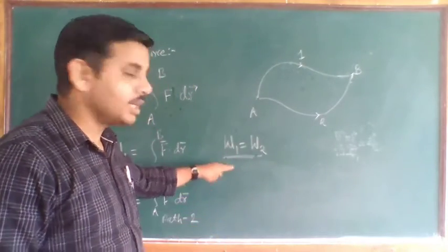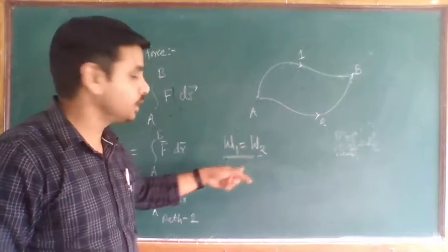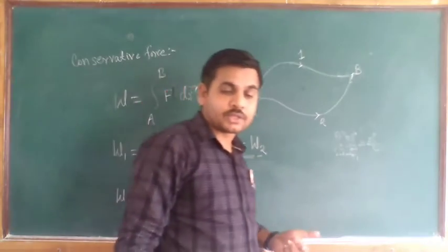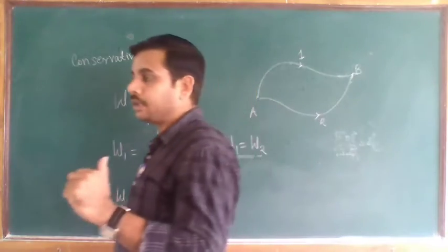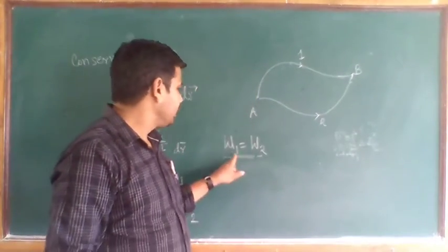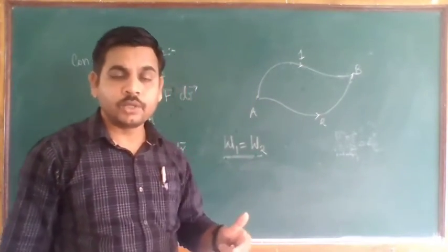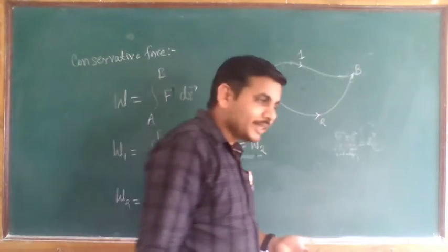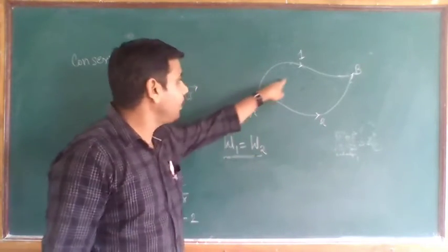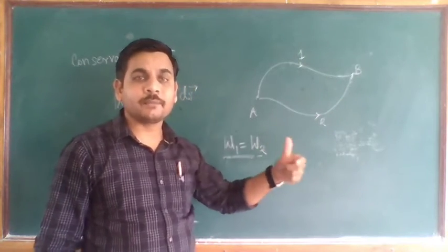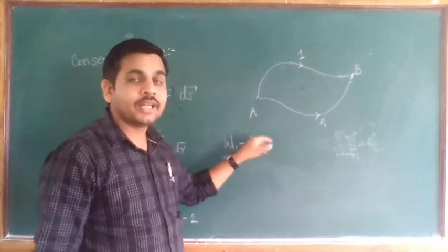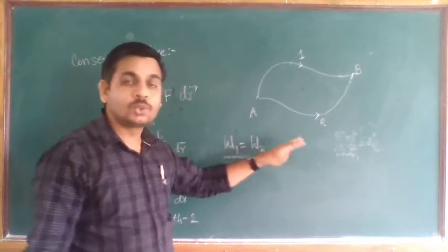on this particle by applying that force, this work done by application of that force, is independent. So W1 is equal to W2 gives the work done along path 1 is the same as the work done along path 2.